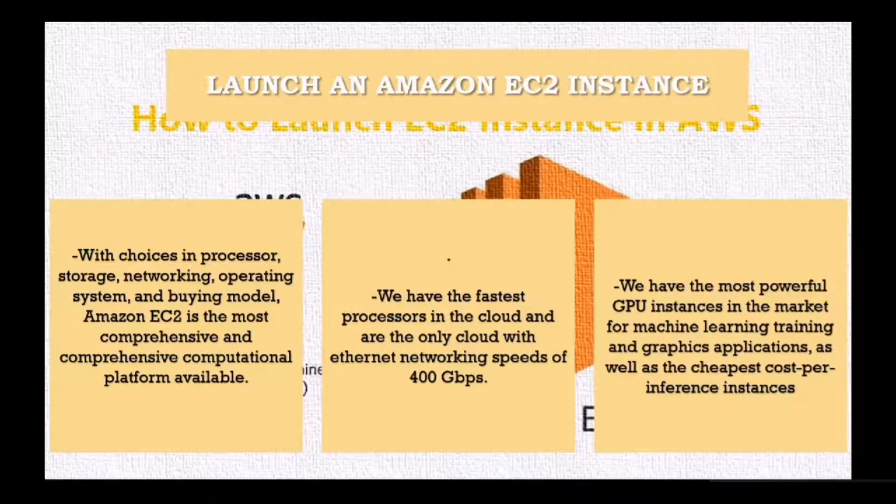We have the fastest processors in the cloud and are the only cloud with Ethernet networking speed of 400 Gbps. We have the most powerful GPU instances in the market for machine learning training and graphics applications, as well as the cheapest cost per inference instance.